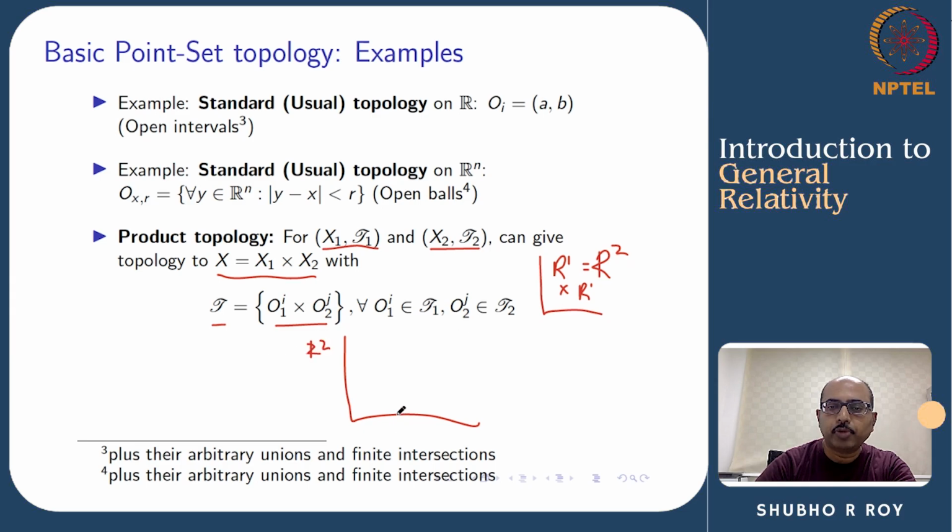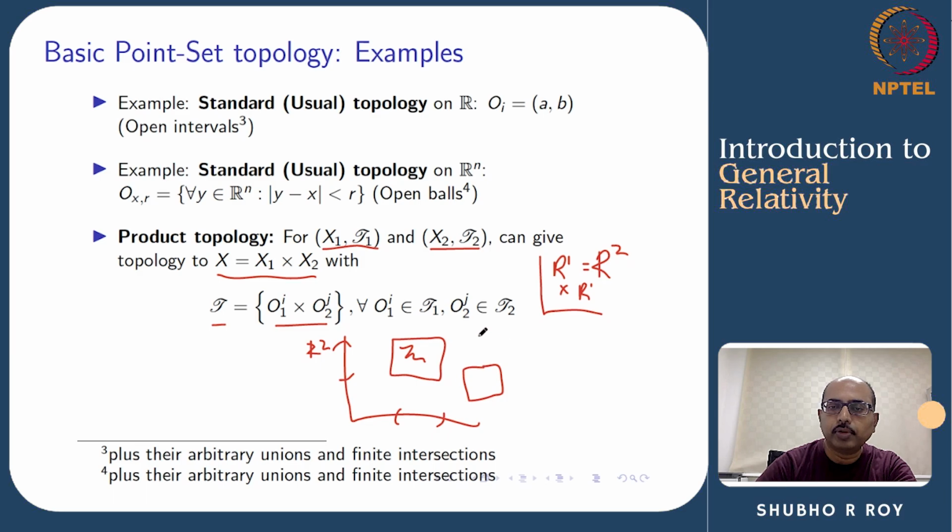So the product topology will mean for R1, we need to give an open interval and cross that with the open interval on the second R1, which is the y-axis. So this gives you some kind of a rectangle shaped region, which is like an open set without the boundary being included. We don't include the boundary, okay? Because it's an open interval, the boundaries of each of these are not included. So it's the interior of this rectangle shaped region. So you can have open sets which are such rectangles.